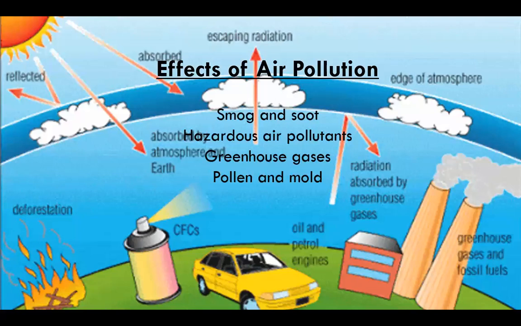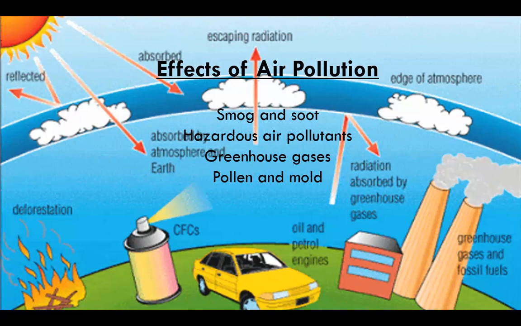Here, we talk about the effects of air pollution. We shall go more in depth into the details of smog, soot, and the other pollutants. Shall we just take a few minutes to visit the effects of air pollution?